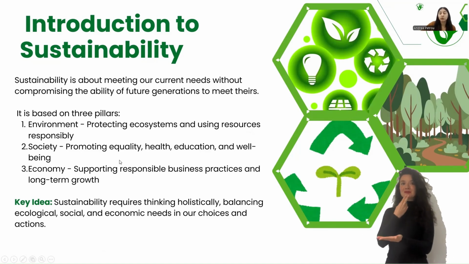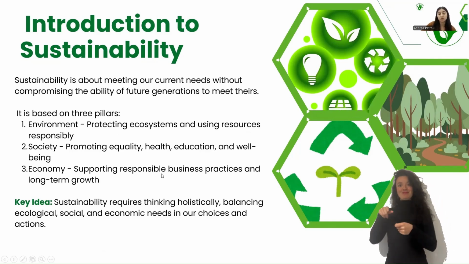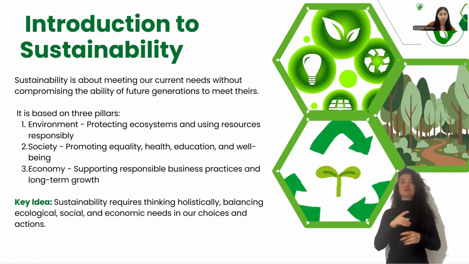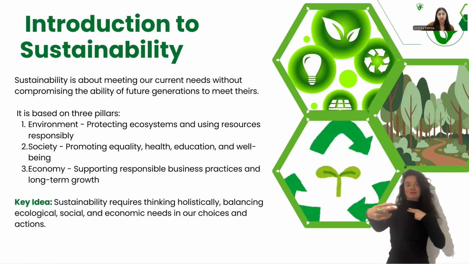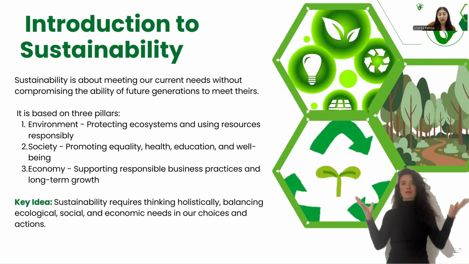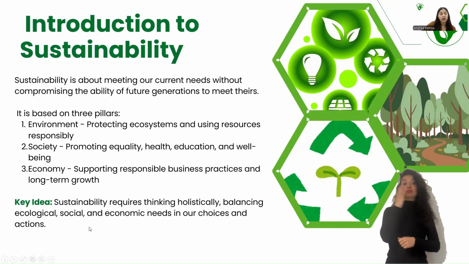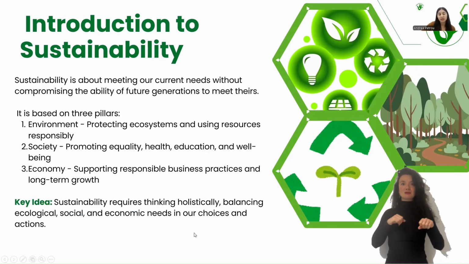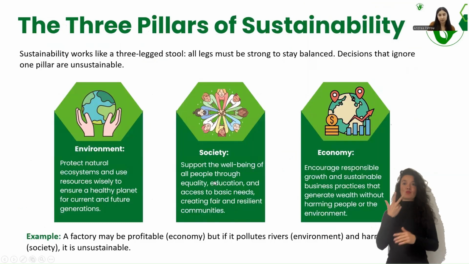Society is about promoting equality, health, education, and well-being. And economy is supporting responsible business practices and long-term growth. The key idea of sustainability is that we need to think holistically and balance these three pillars that we mentioned before: ecological, social, and economic needs in our choices and actions.